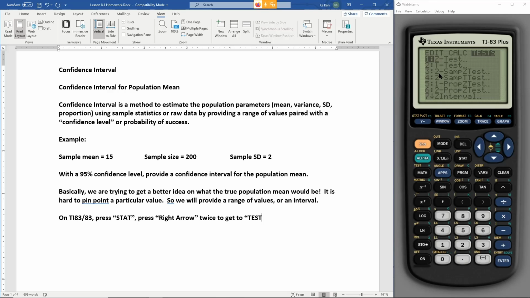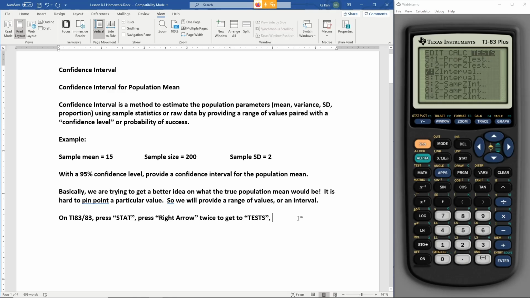For the remainder of this class, you're going to be using test for pretty much everything. Now scroll down. You see some intervals here, right? Basically, these two and this one down here are the ones we're going to be using most likely.